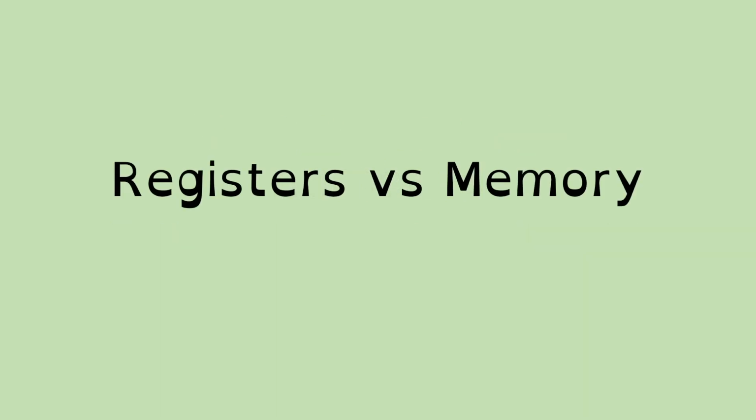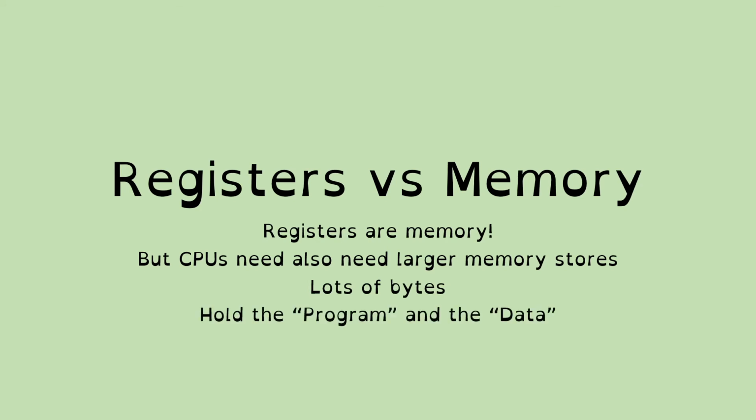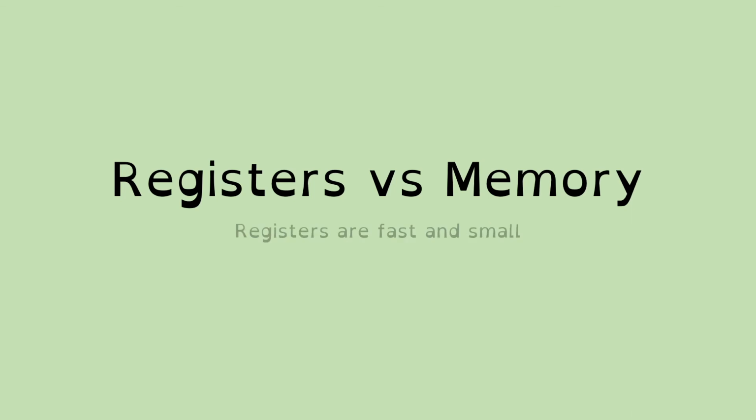So I'm going to do a quick comparison of registers and memory. Registers are memory, of course, but we also have this concept of the memory bank, and I've mentioned this. CPUs also do need larger memory stores, which are lots of bytes, not one byte at a time. And these memory stores hold the program and the data that is currently being run by the computer.